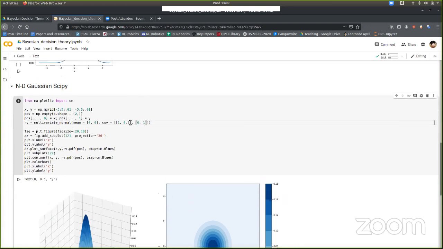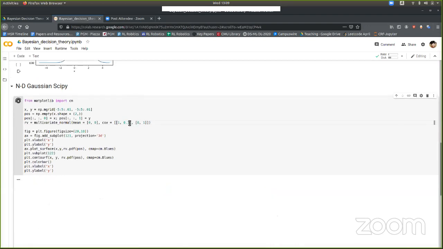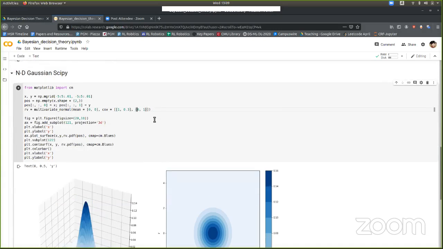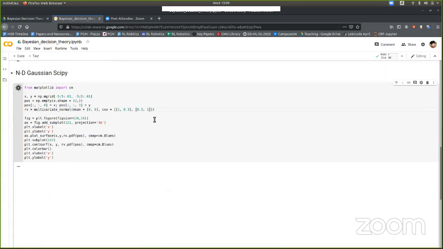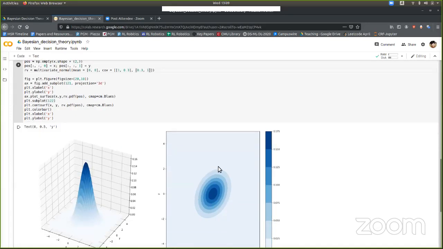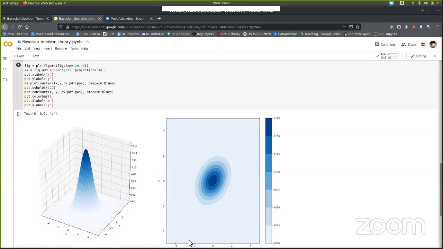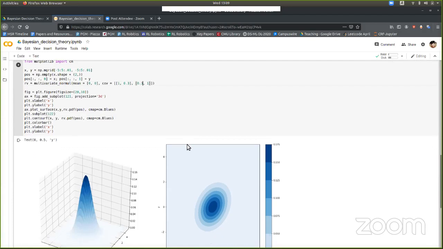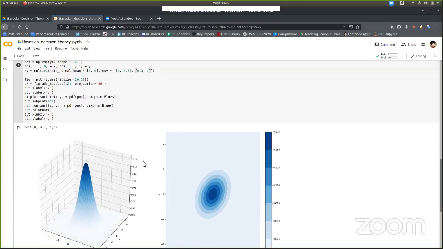Now we get a Gaussian which is not aligned to the x and y axes. So feel free to play with different values of mean and covariance and see how the Gaussian looks.